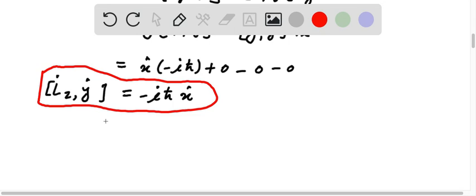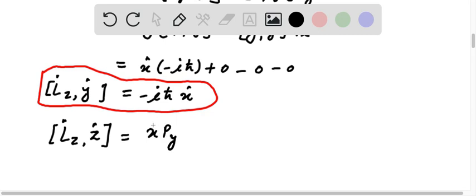Now the third part is Lz with z, that is [x py, z] minus [y px, z].